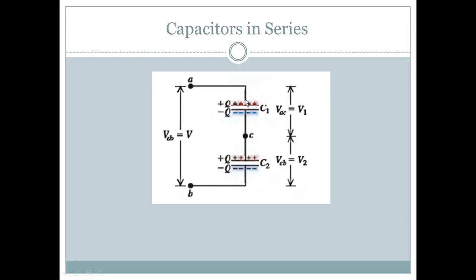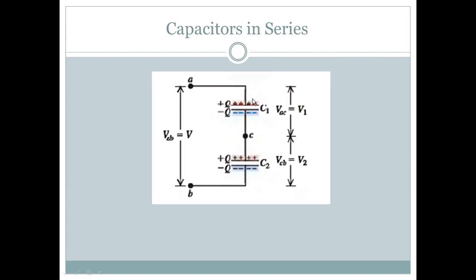So the negative charges would flow towards this direction, leaving a positive net charge on the upper plate of the first capacitor. That is why in this illustration, the upper plate of the first capacitor is labeled positive, because of the deficiency in electrons.